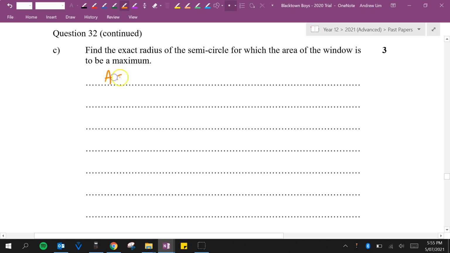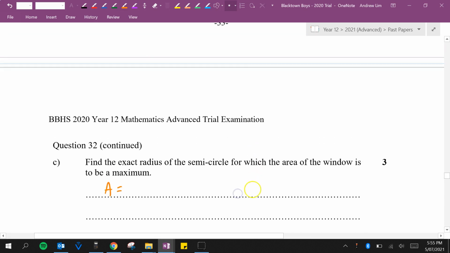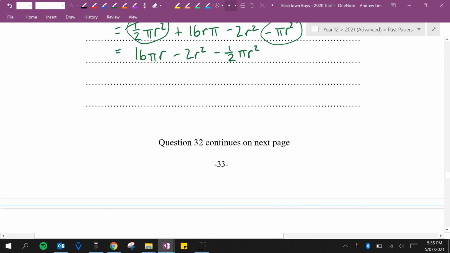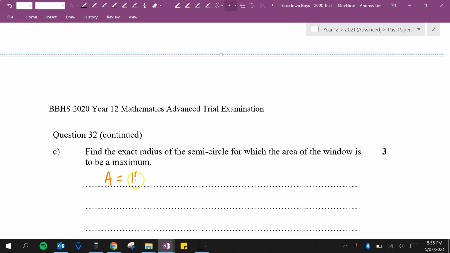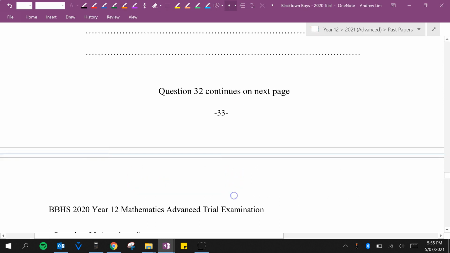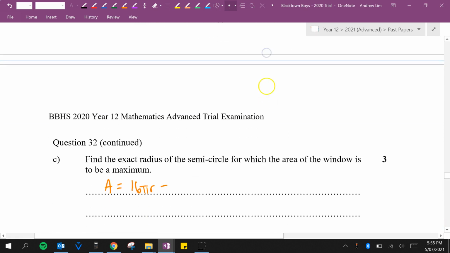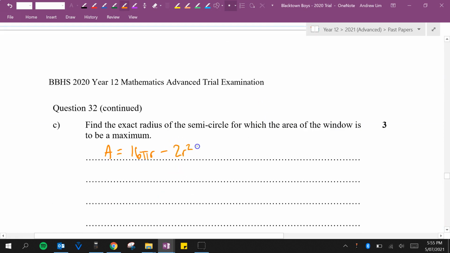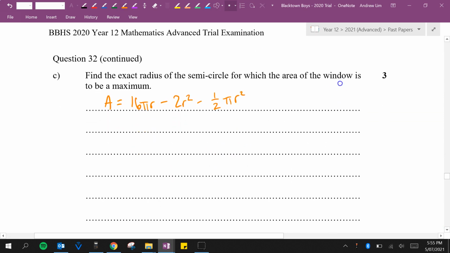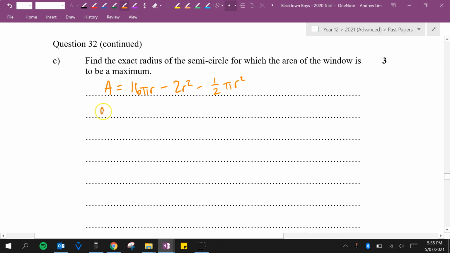So if area is equal to 16 pi r minus 2r squared minus half pi r squared, and we want to find the maximum area, we need to differentiate this.